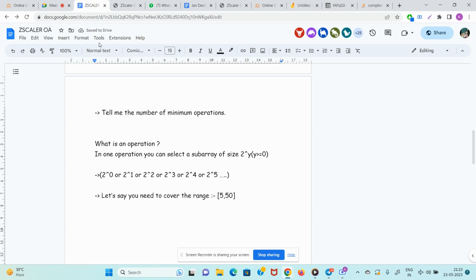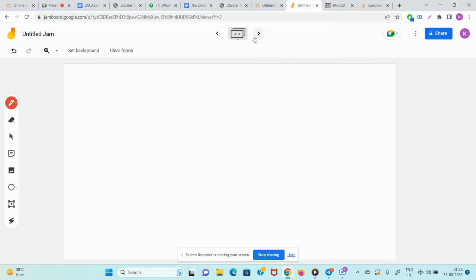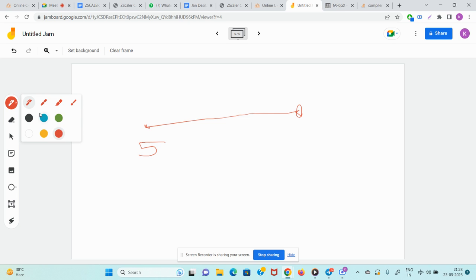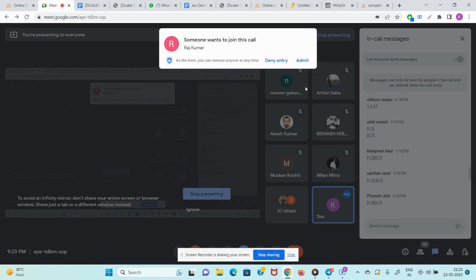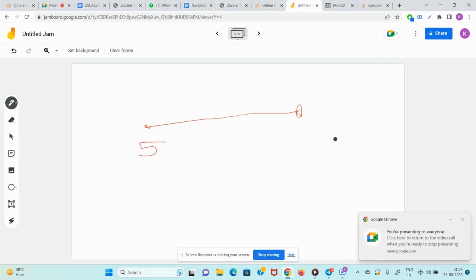So first, guys, what will happen? Let's try to imagine that we are in a place where we need to cover the range 5 to 50. Okay, so this is my 5. Let me use a black pen. Guys, we need to cover the range from 5 to 50. Okay, this is a nice problem.